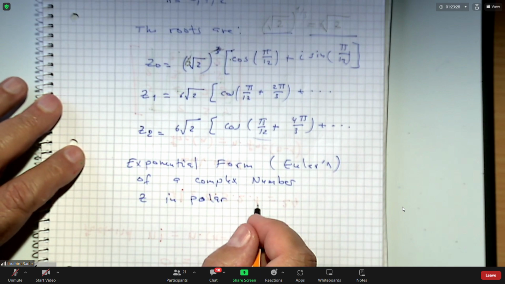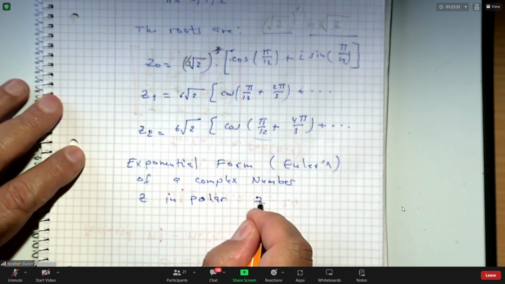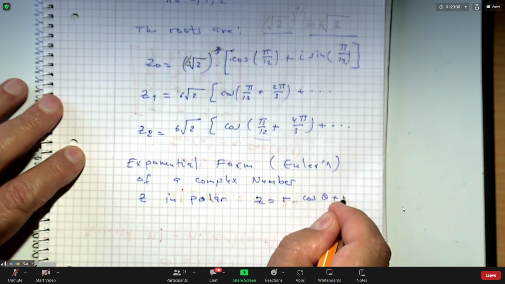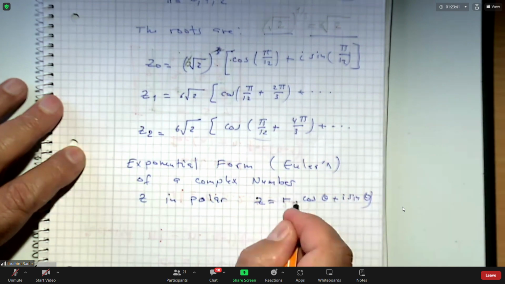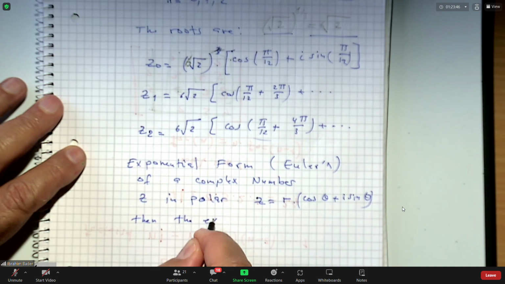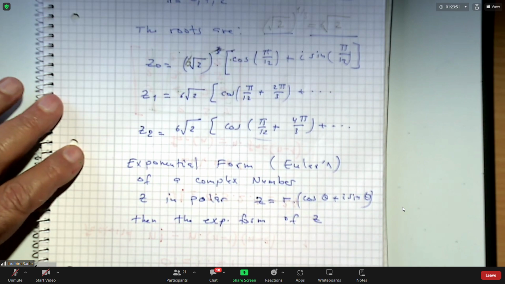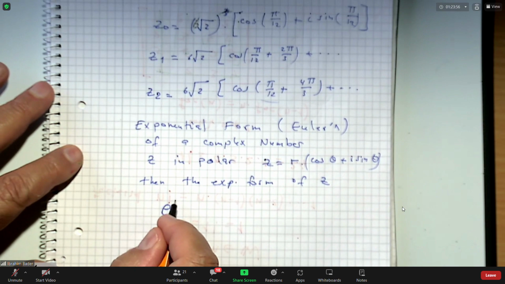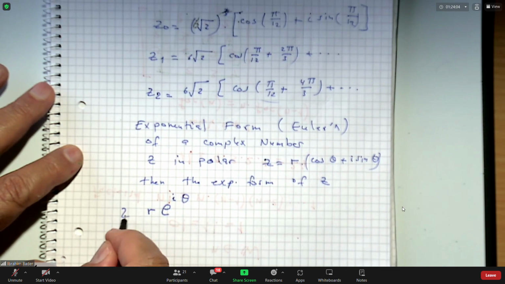But for now, you need to know if you have a number z in polar form, that means z equals r times cosine theta plus i sine theta, then the exponential form of z using Euler's formula is equal to r times e to the power i theta.